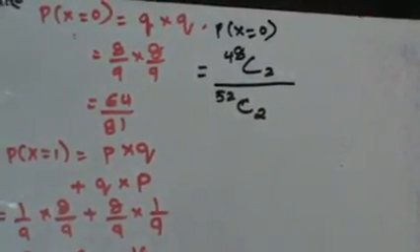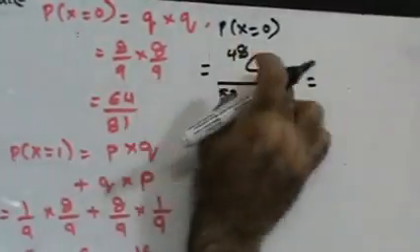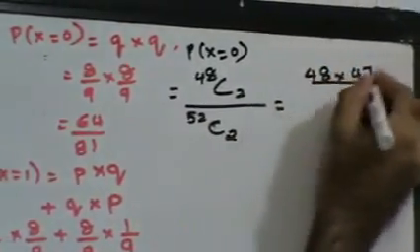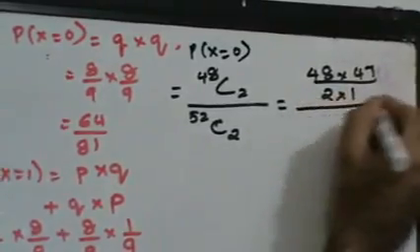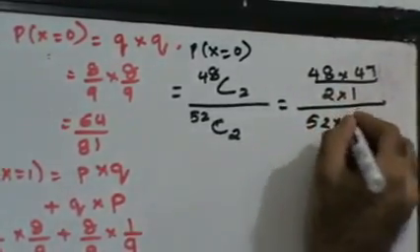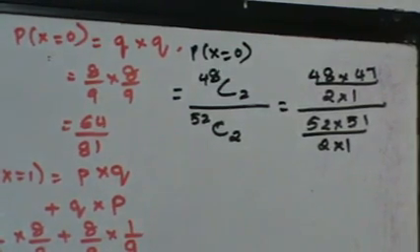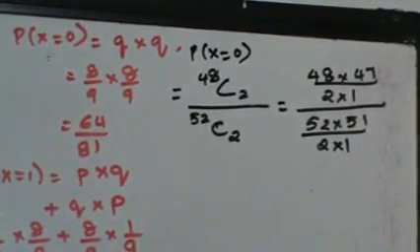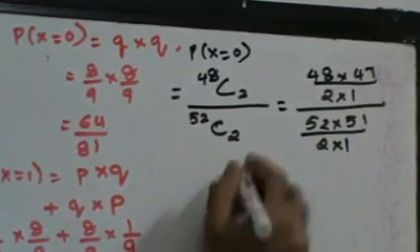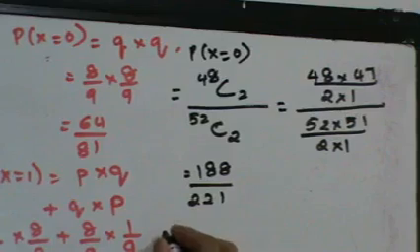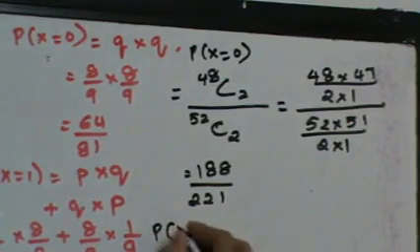So this is going to be nothing but from 48 I have to write two terms in descending order, 48 into 47 upon 2 into 1 upon 52 into 51 upon 2 into 1. Now when you simplify this, you will get this answer as 188 upon 221. That's probability of 0 queens.